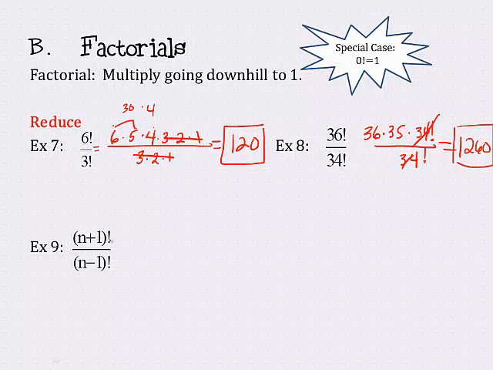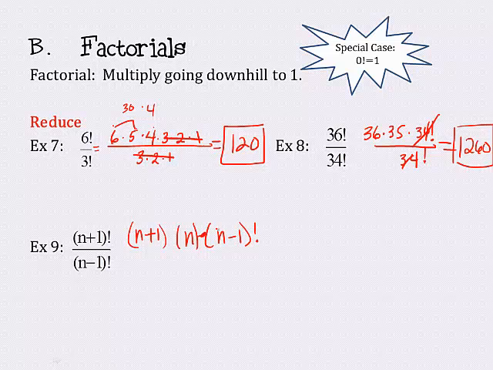Now, number 9 looks intimidating, but you guys know the rules. You just take that first number and you always subtract 1 until you get down to 1, right? So watch what happens when I take n plus 1 factorial. I start with that first number, n plus 1. If I subtract 1, I'm left with just n, right? Now what happens if I take away 1 from n? Well, it's n minus 1 factorial, right?